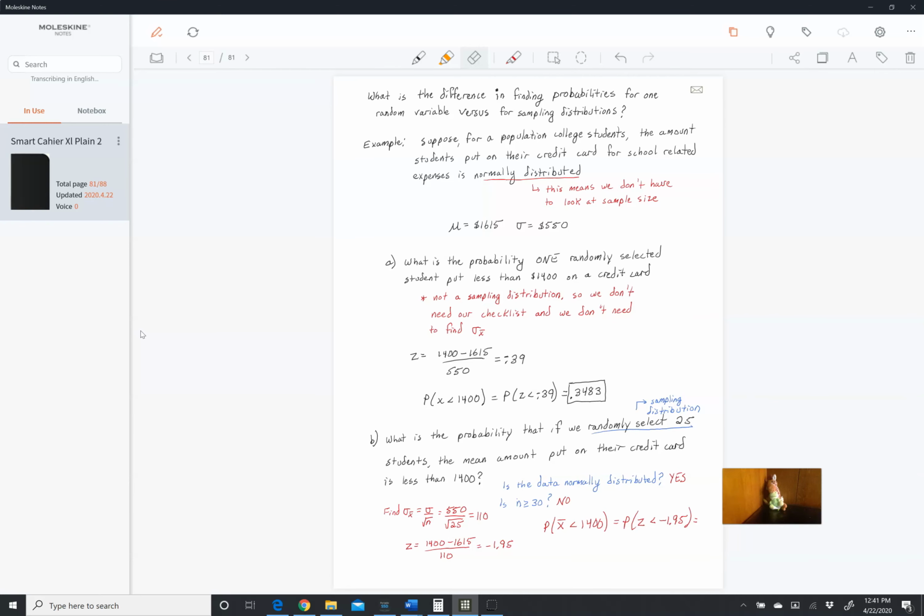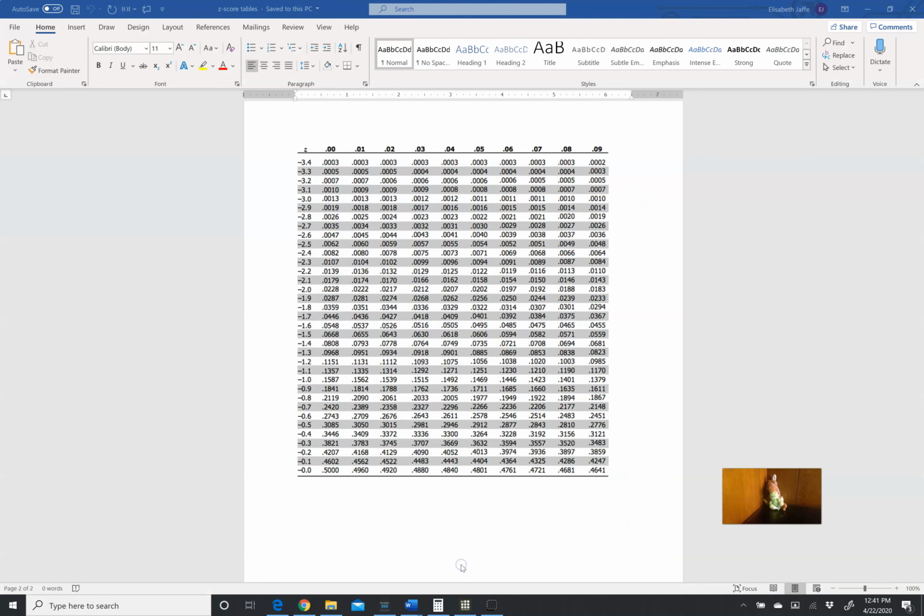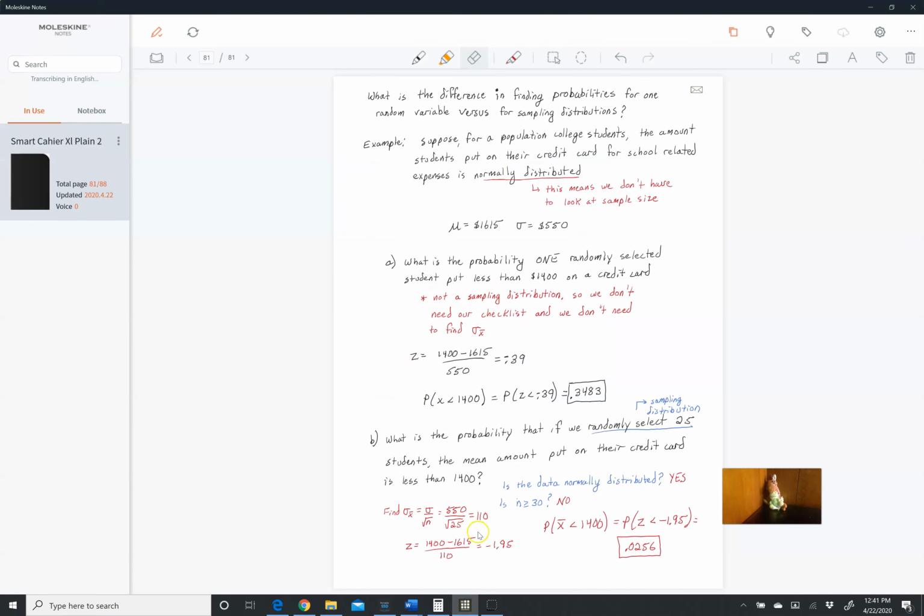And if we go to the z chart here, and we go to negative 1.95, it's less than, so we don't need to do any other calculations. Negative 1.95 is right here at 0.0256. And that's our answer.